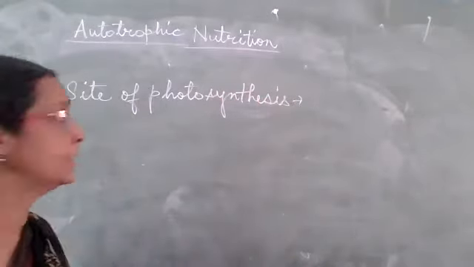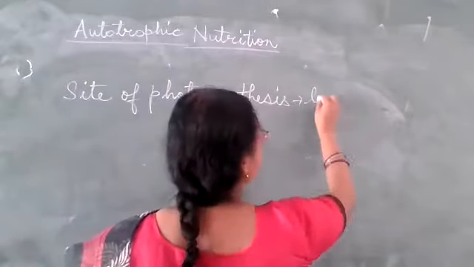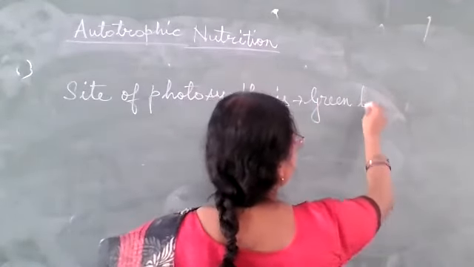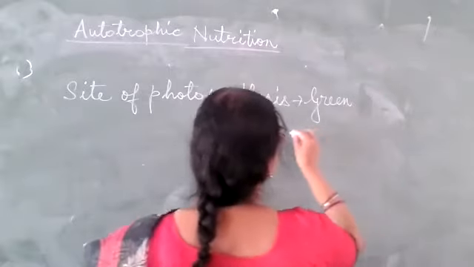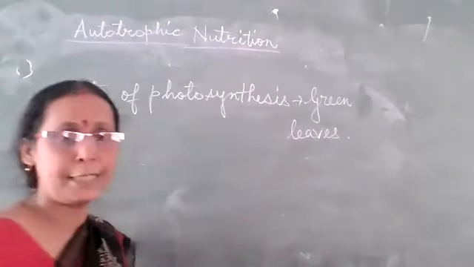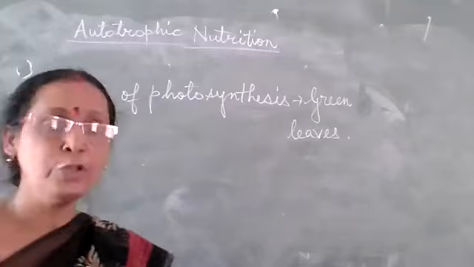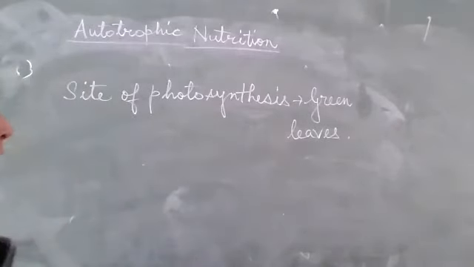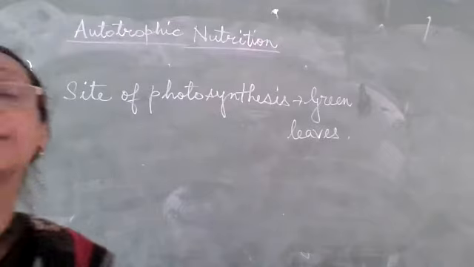Generally, it is green leaves. Although when the stem is green in color, it also helps in photosynthesis.